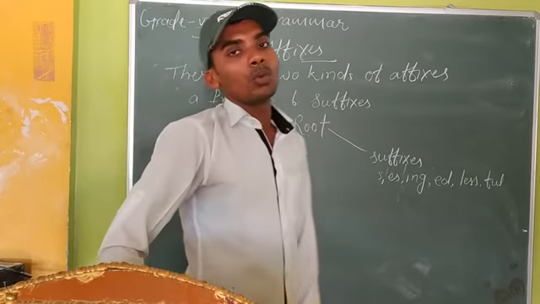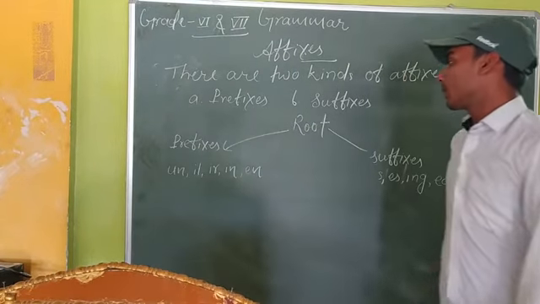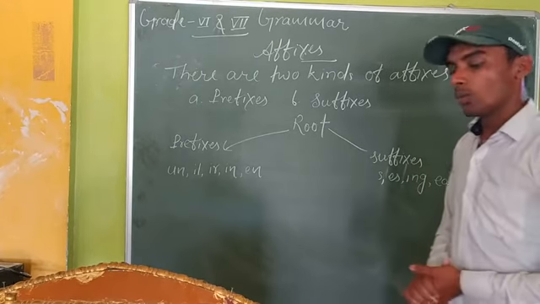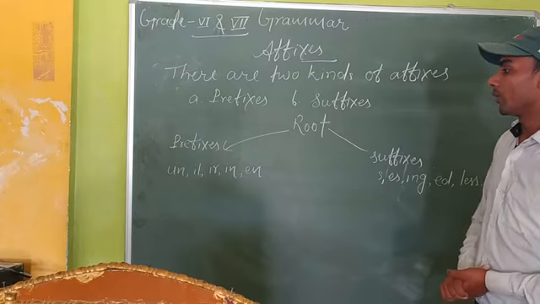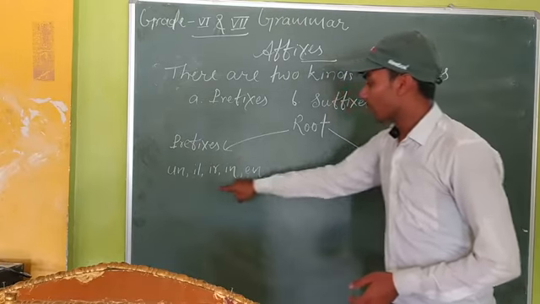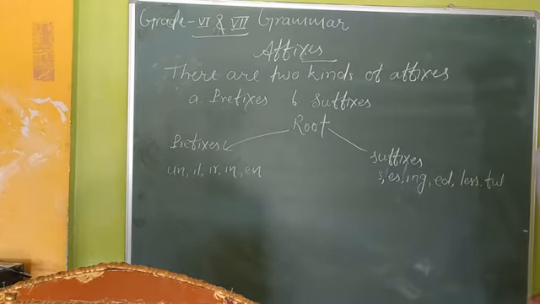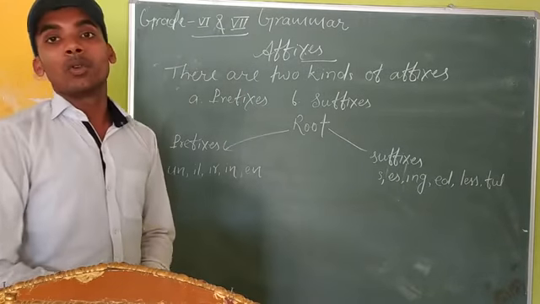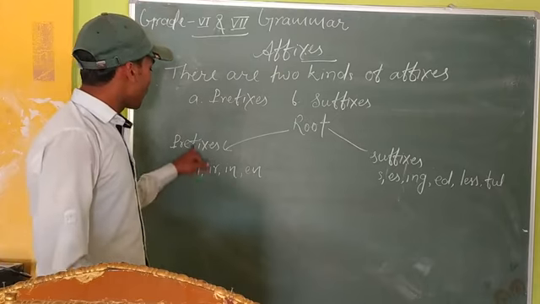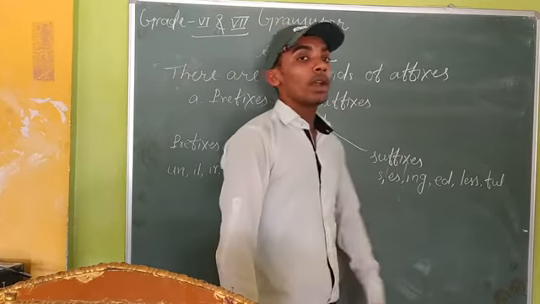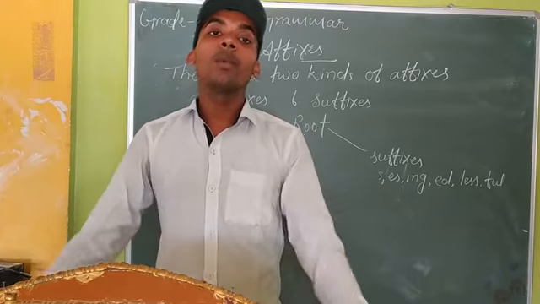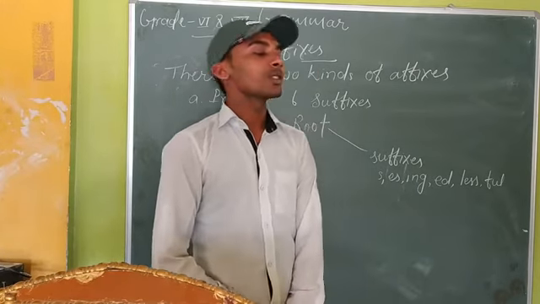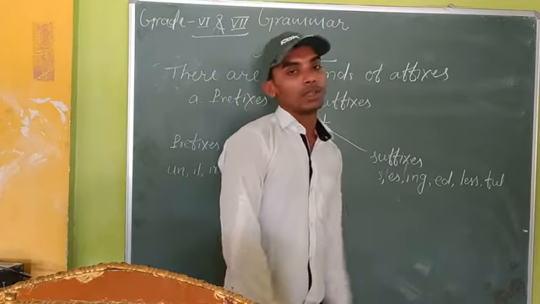When we are adding something to the root word, we can add it in two different ways. Some words we add before, which are known as prefixes, and some words we add at the ending of the word. On that occasion, such words function as suffixes.